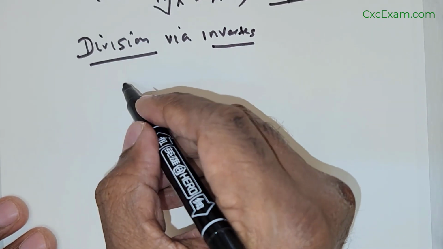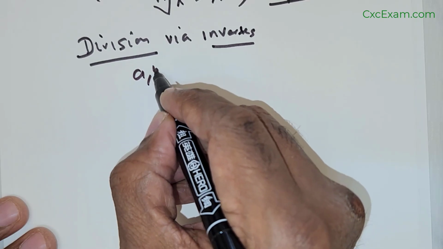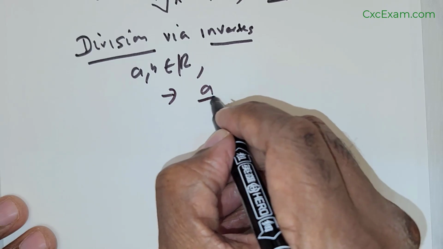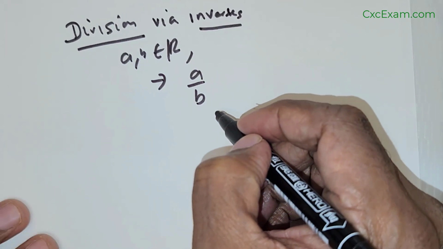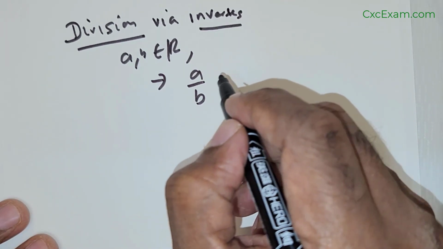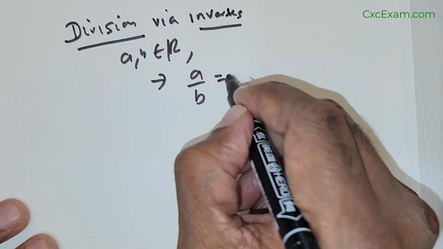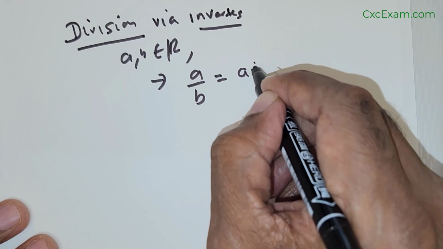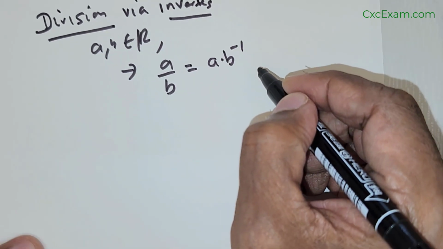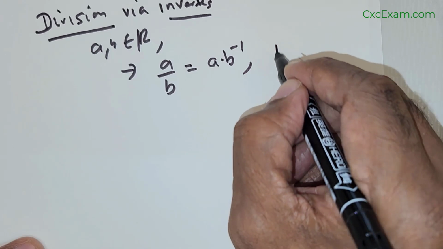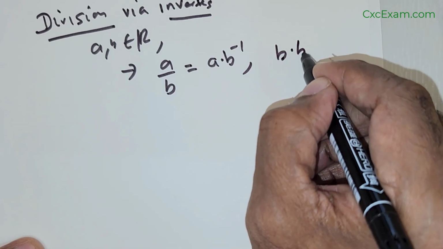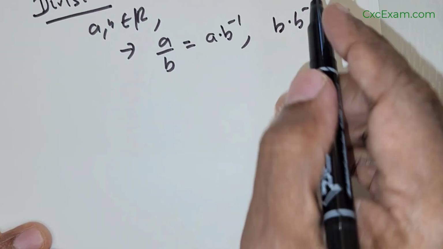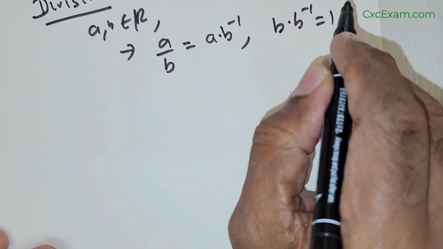Suppose you have a, b elements of the real numbers such that a is divided by b. Then I can always write this as a times b inverse, provided of course b times b inverse is equal to 1. I hope you are catching this. This should hold.